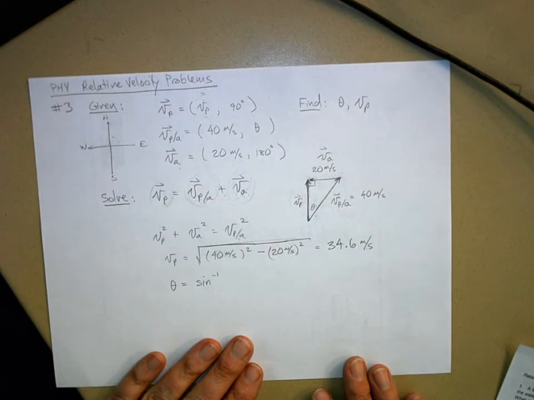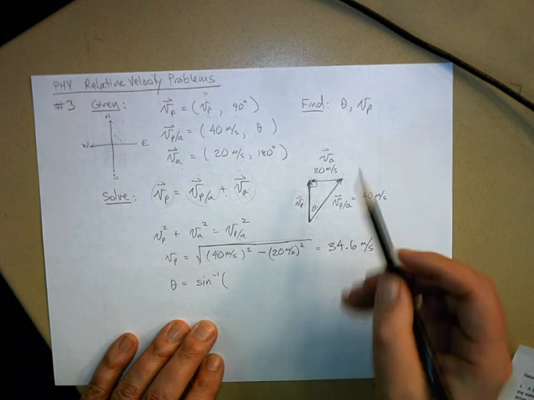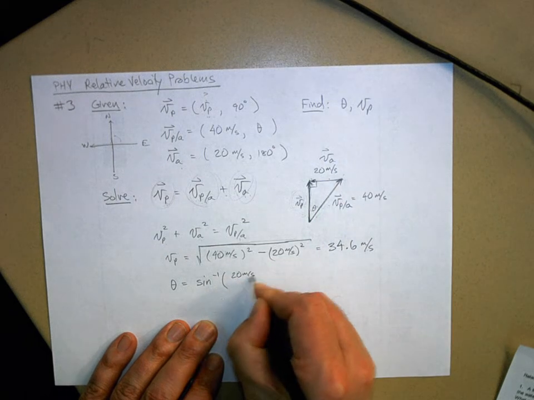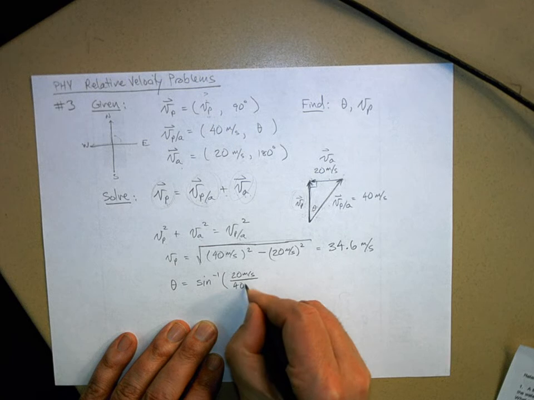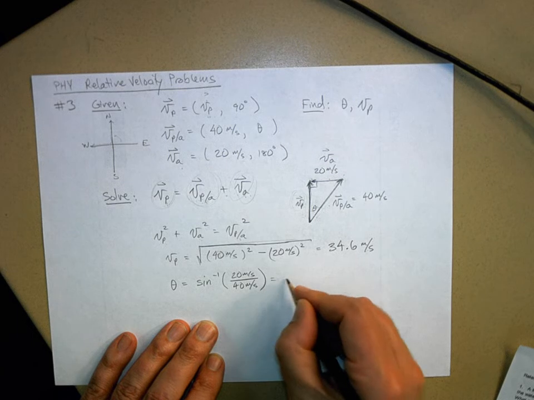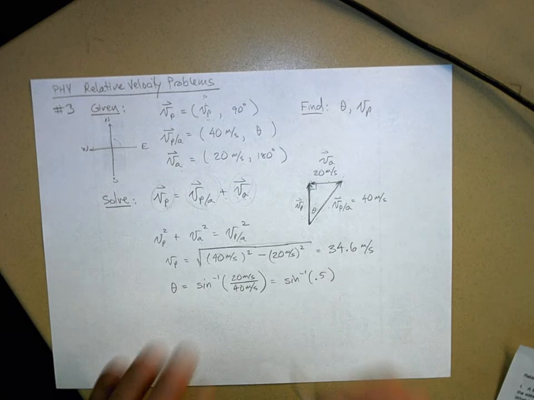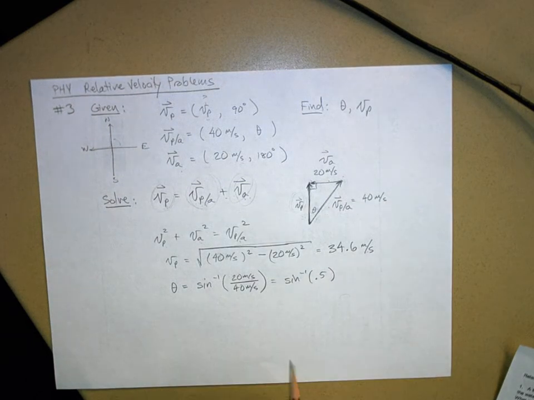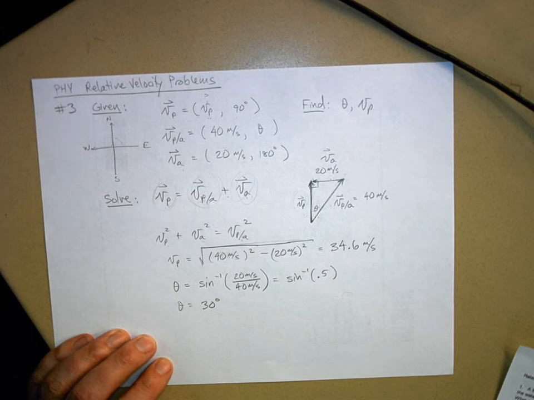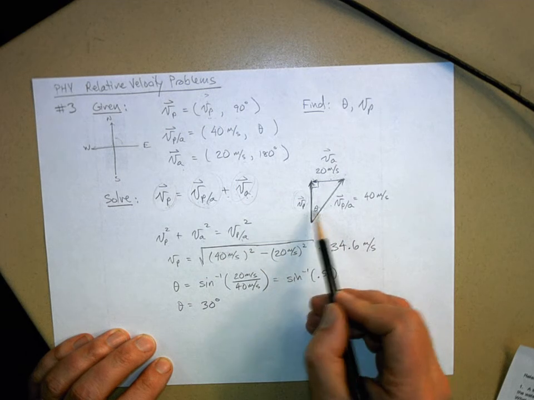So the inverse sine of the opposite over the hypotenuse, well, this is the inverse sine of 0.5. That is, the sine of what angle is equal to 1/2? Well, that's 30 degrees. So that means that this angle here is 30 degrees.